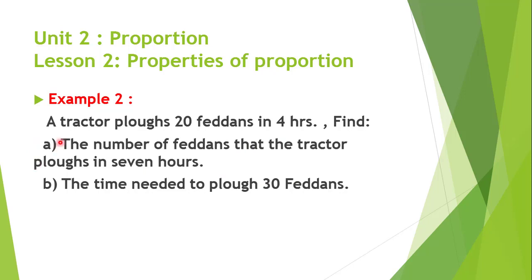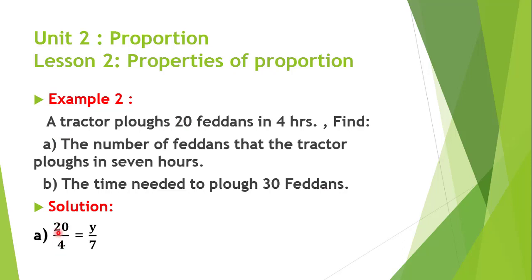So we have two parts, A and B. The first one, I want to calculate the number of fiddles that the tractor plows in 7 hours. B, the time needed to plow 30 fiddles. Let's start. Here the tractor plows 20 fiddles in 4 hours.